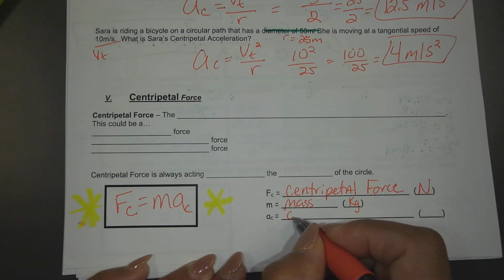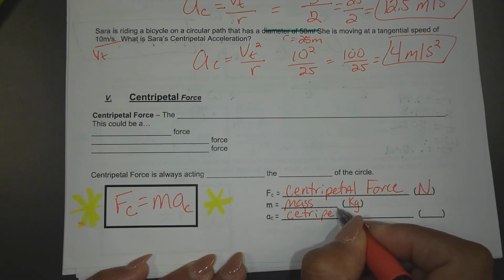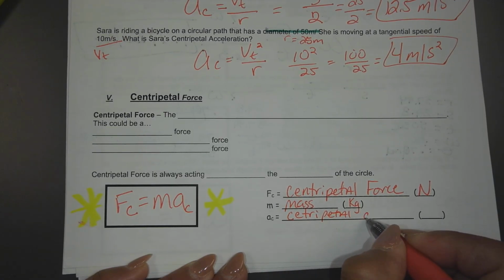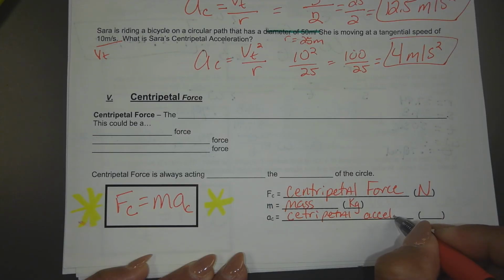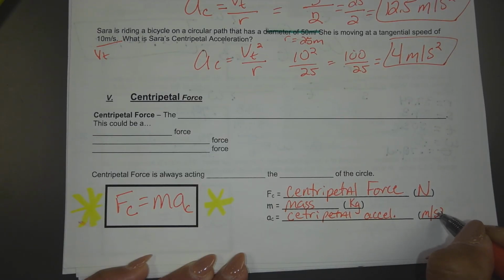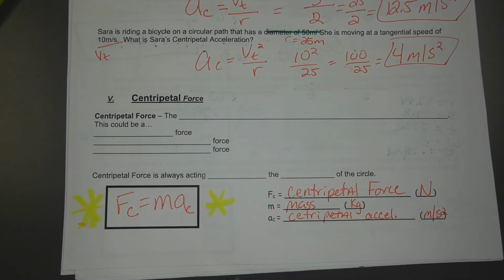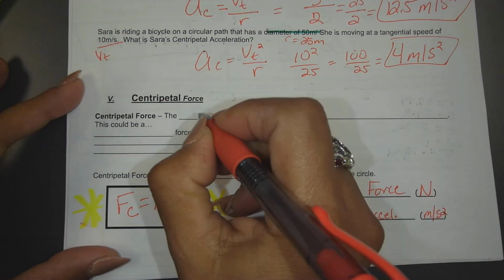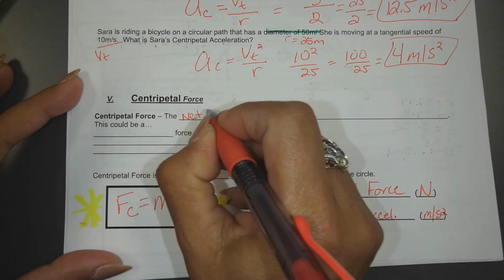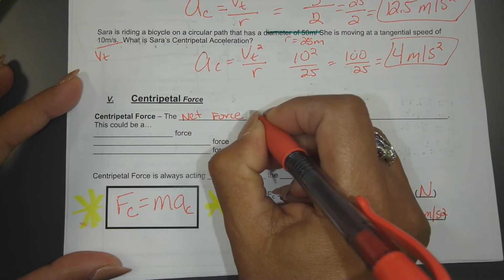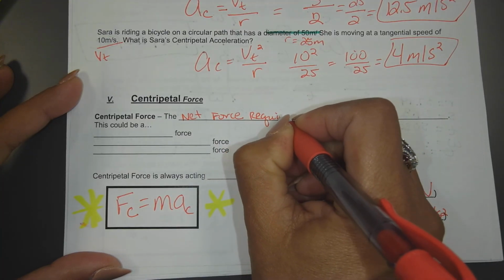A_C is centripetal acceleration, which is meters per second square, okay? Centripetal acceleration, meters per second square.